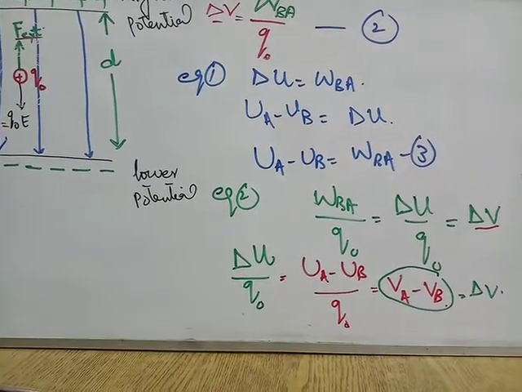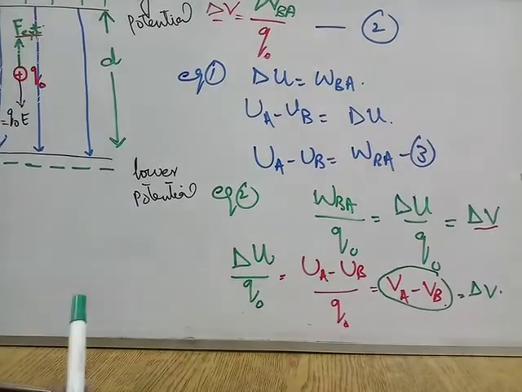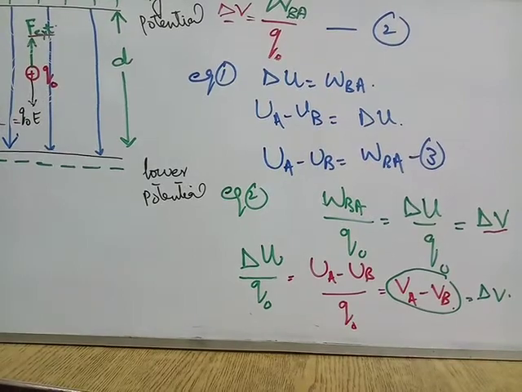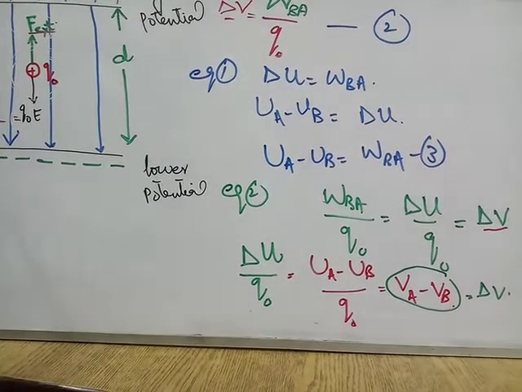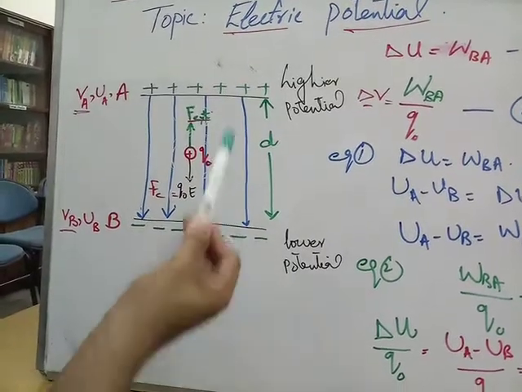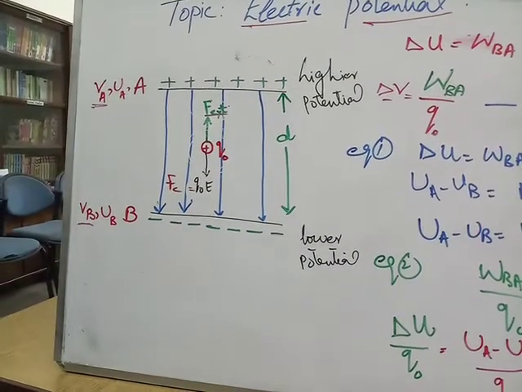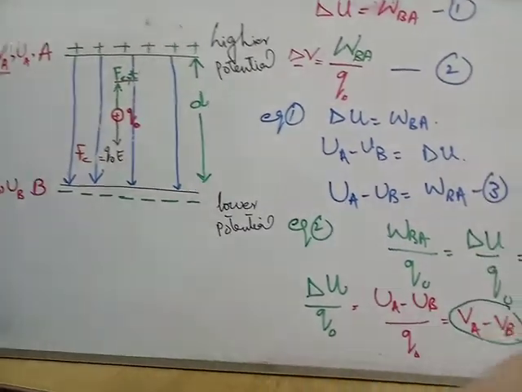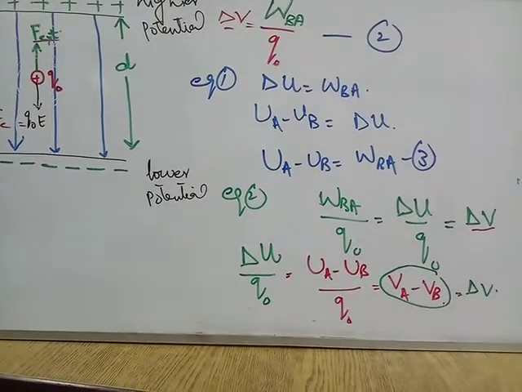So it means that we can write work done in the form of potential energy, or we can say that when the charge moves freely from plate A to plate B, it acquires kinetic energy. So we can write all these in this standard form.